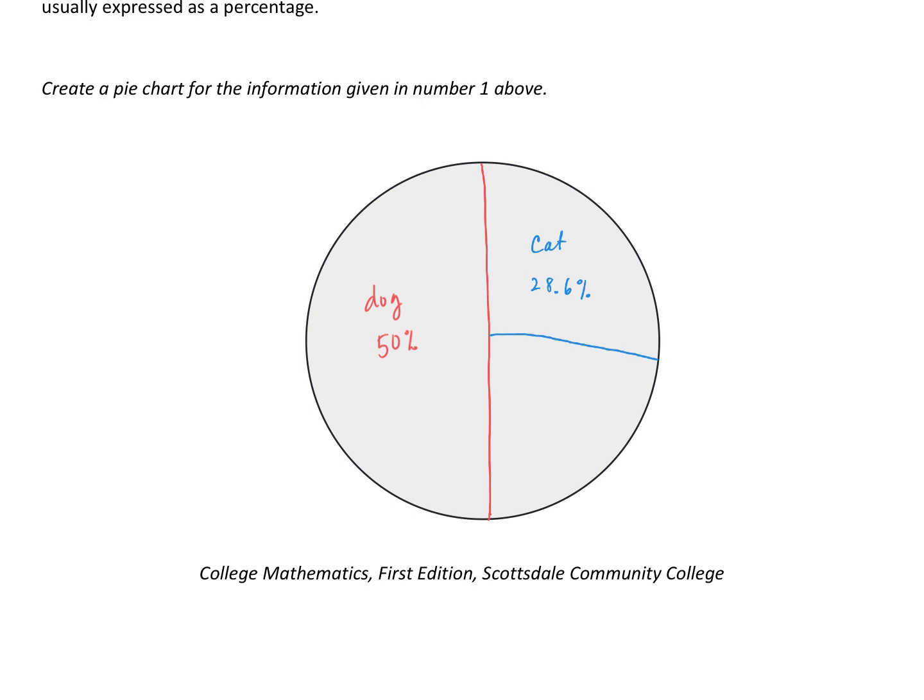And then the other portion, 14.3%, is fish, and hamster is 7.1%. If we split that up, one should be about twice as large as the other. So we'll have fish, 14.3%, and hamster is 7.1%.